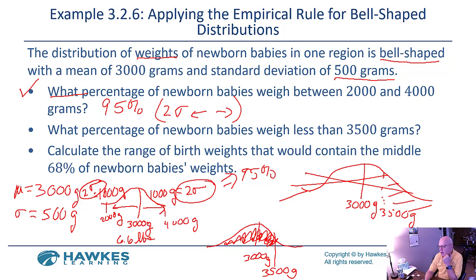Well, there's a couple of different ways of doing that. One way is to look at it like this. The 3,000 here, the 3,500 there. And notice that's 1 standard deviation away.